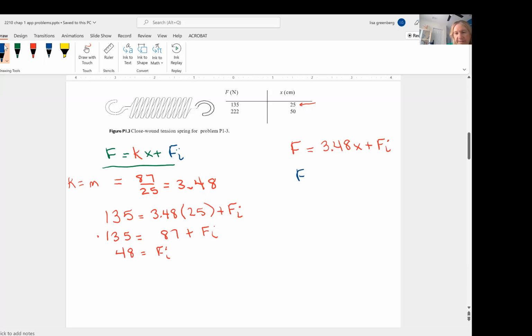F is equal to 3.48 times x plus 48. So this is the answer to A, I believe.